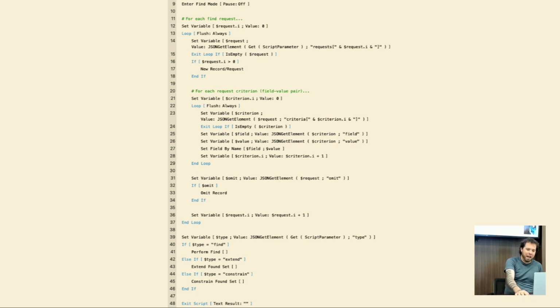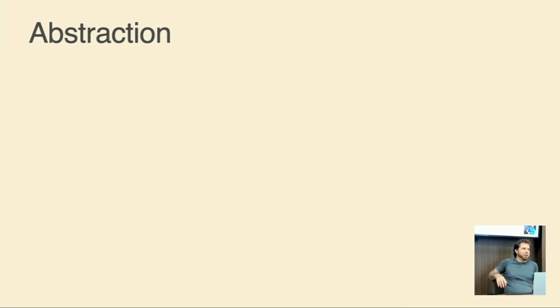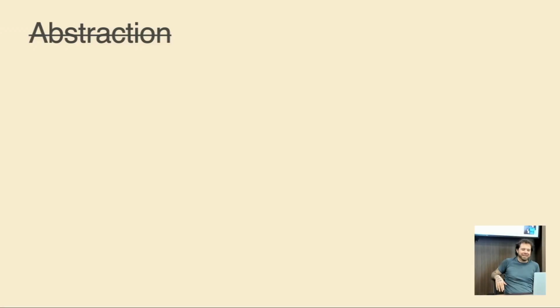I have to get a little abstract first, starting with the word abstraction. Now, programmers love to talk about how abstract code is or isn't and show off how powerful their abstractions are. Please stop. It's not just because it's annoying.